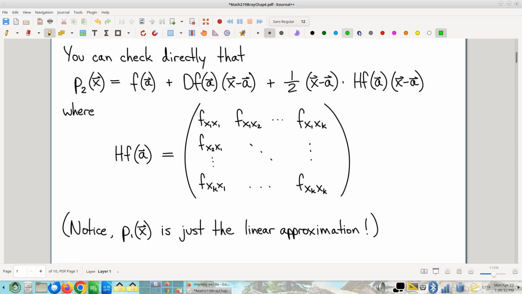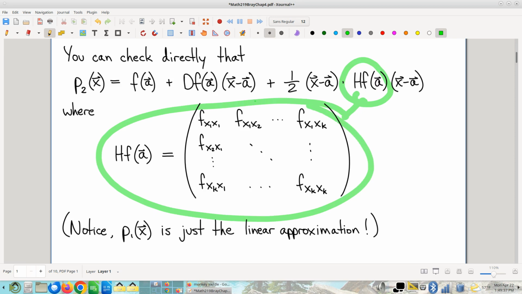And the matrix in question here is called the Hessian matrix. That matrix is indeed symmetric. If you flip over the diagonal, you're just talking about different orders of mixed partials. And as previously discussed, for sufficiently nice functions, as we're going to focus on, those are always the same. So this is a quadratic form with a symmetric matrix, and more to say about that later.